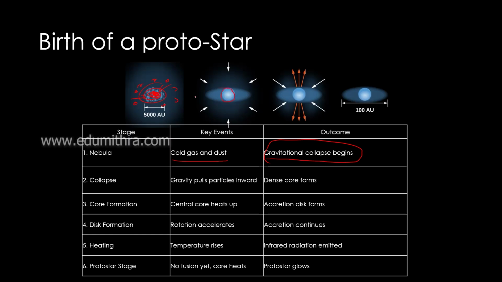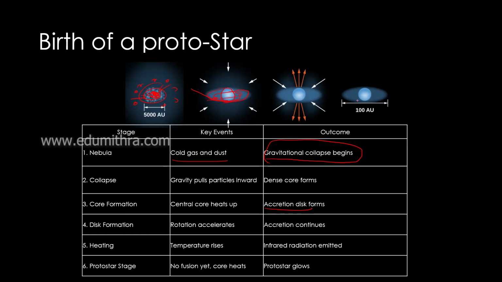You can see a spherical core at the center, and still more matter is coming, and that matter will form a kind of disk around it, which is called the accretion disk. So a core will be formed, and again more material will come. This will be rotating as well, and that rotation keeps going.